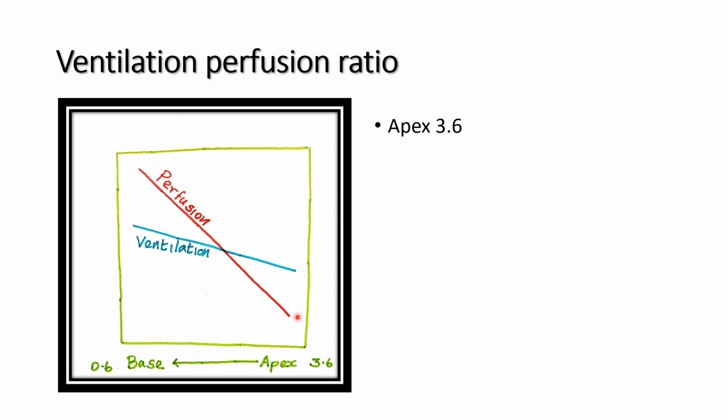So in the apex region, the ventilation perfusion ratio is 3.6. In the basal region, perfusion is very high compared to ventilation, so the ventilation perfusion ratio decreases to 0.06 at the base, because the base receives more blood flow compared to ventilation.